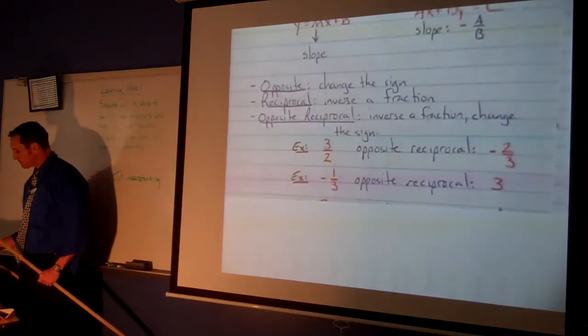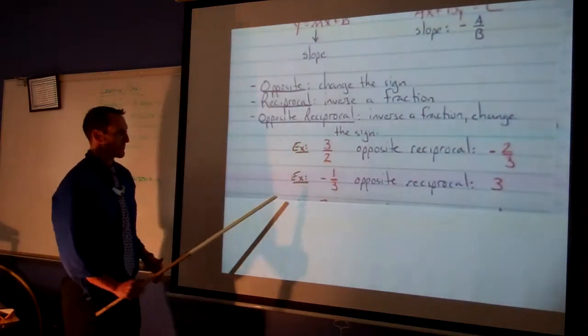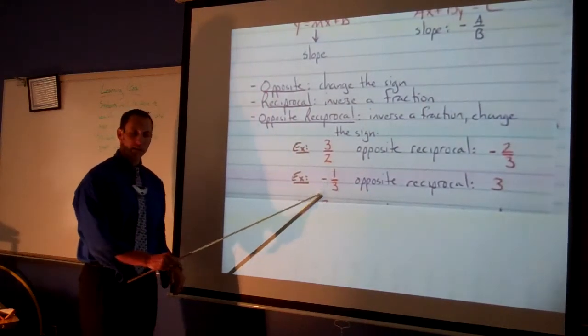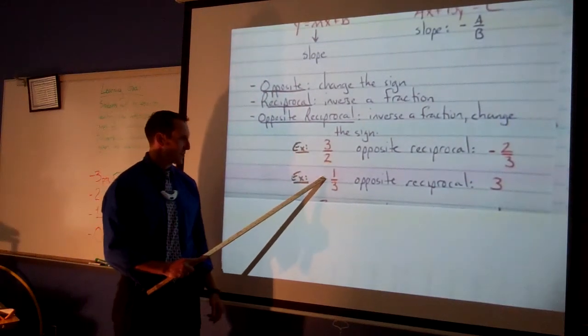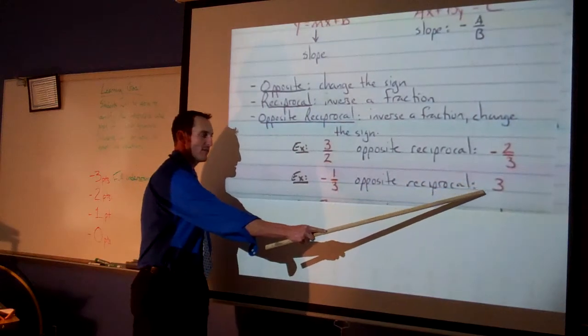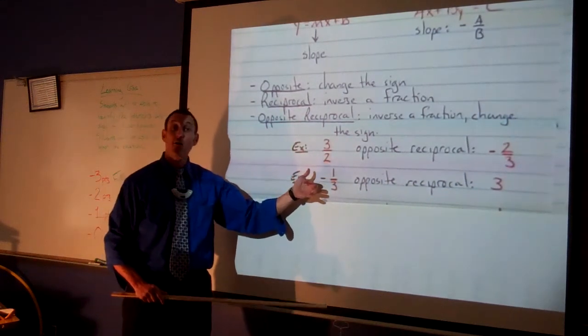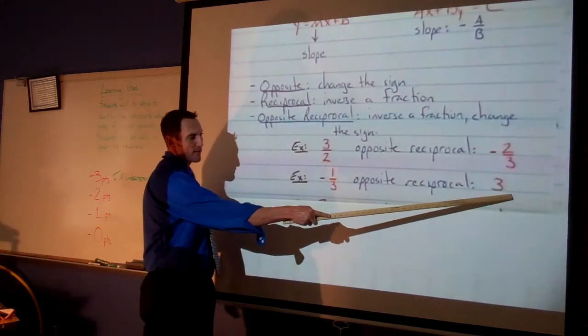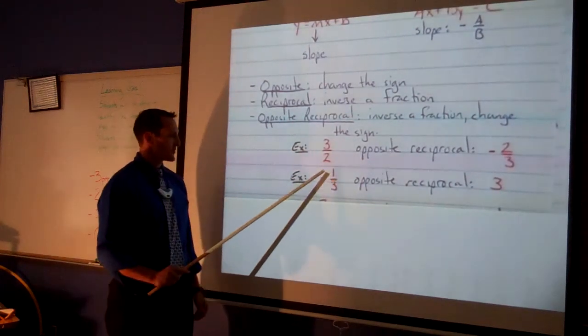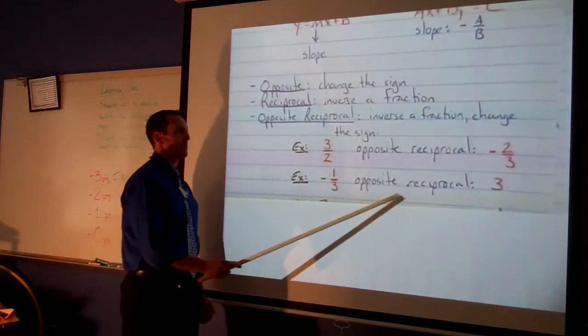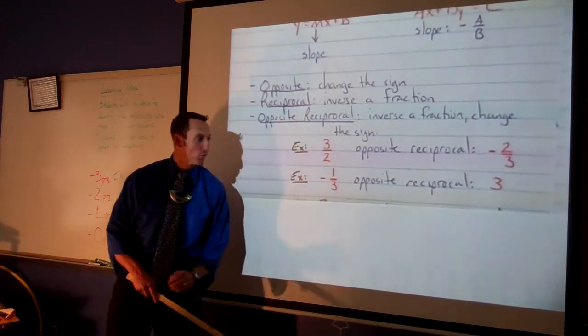Another example, the opposite reciprocal of negative 1/3. Opposite means change the sign, so the number becomes positive, and then we flip 1 over 3, we get 3 over 1, which is simply 3.